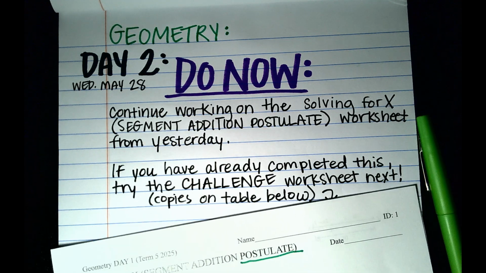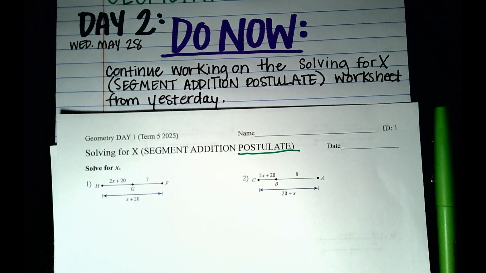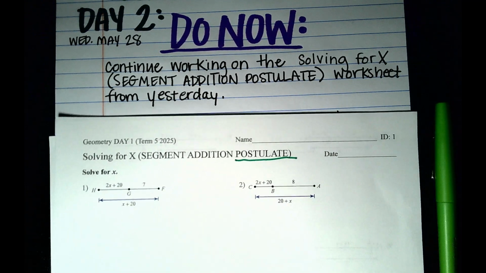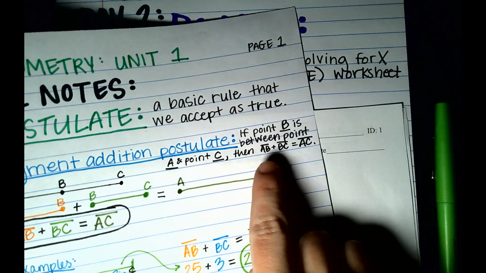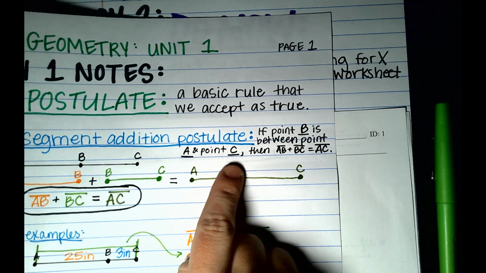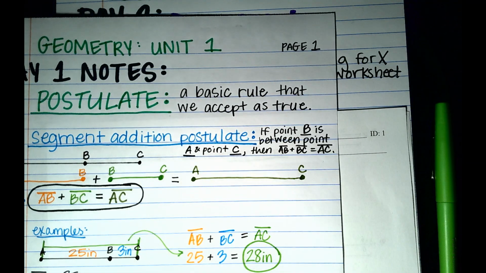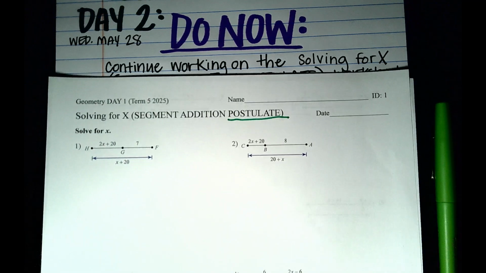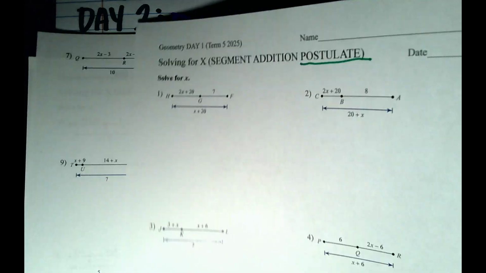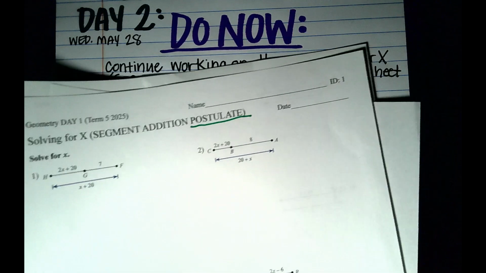So we first started talking about the segment addition postulate, where if you have a point in between 2 points, then from point A to B, if you add that from point B to C, you're going to get the full length of point A to point C. So we did quite a few examples with that, and we started working on this worksheet, and that's what I had you guys work on during the Do Now.